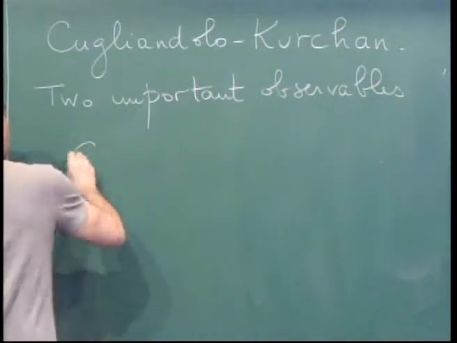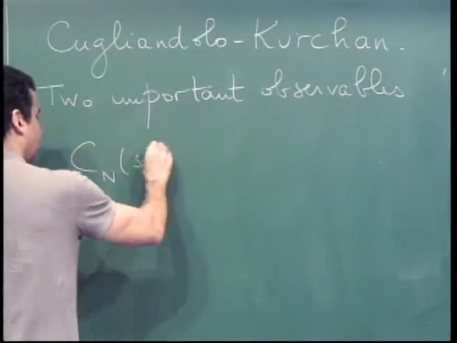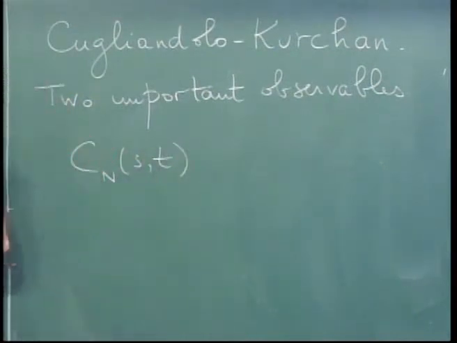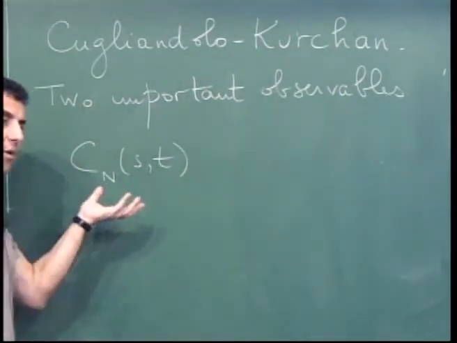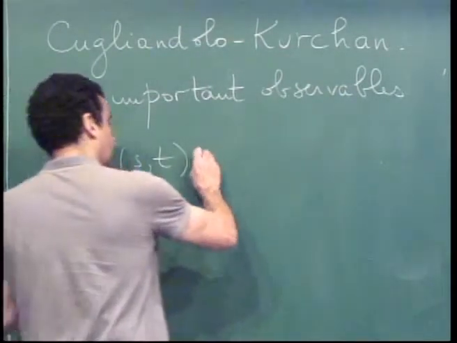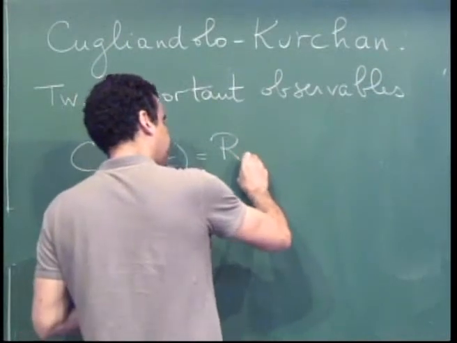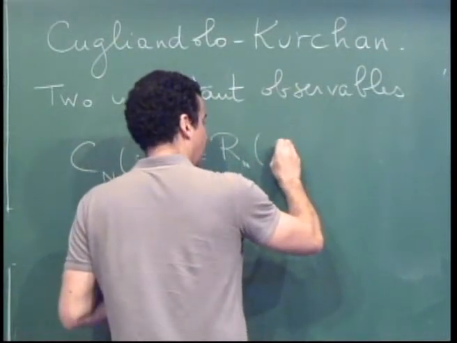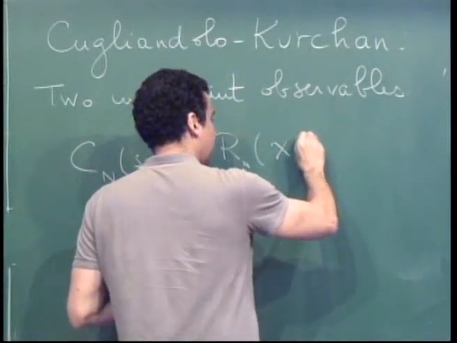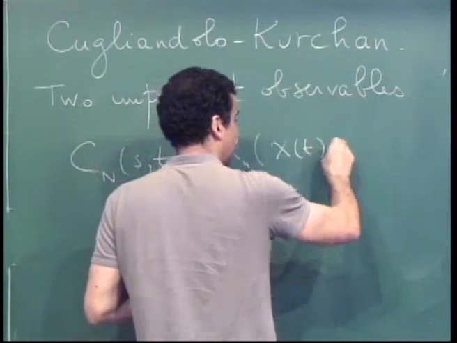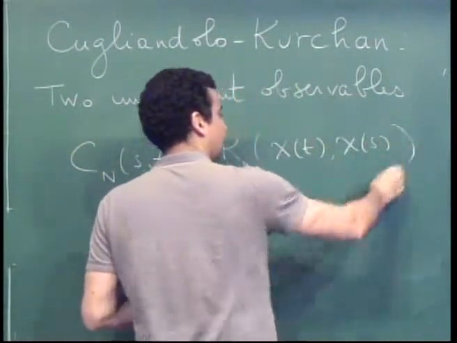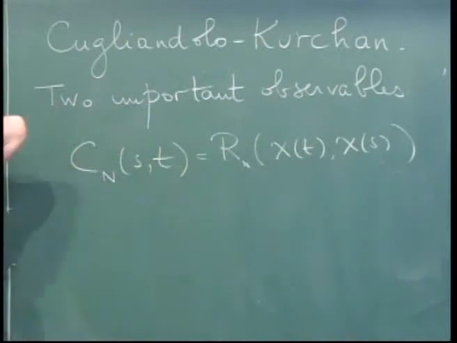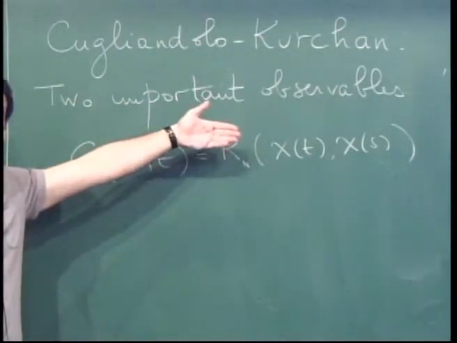The first one, which we will call C_n(s,t), is a two-time function. It's something we have already encountered in the cubic case. It's simply the overlap of the dynamics at time t and the dynamics at time s, right? And remember, we characterized aging in terms of this.